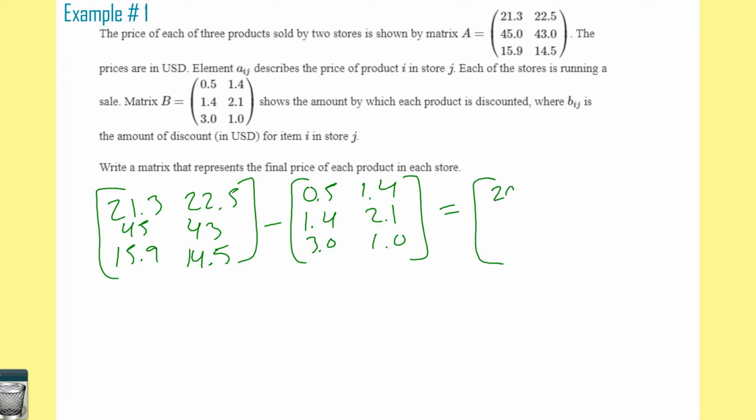So let's see, 20.8, 43.6, I believe, 12.9, 20.1, I'm going as fast as I can, 40.9, and 13.5. Okay, so that's a matrix that represents the final price of each product in each store. And that's how we show our work.